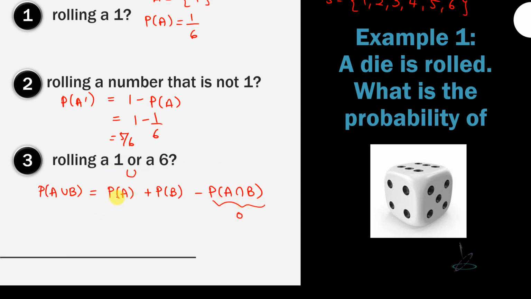Therefore, this is probability of A plus probability of B, so 1 over 6 plus 1 over 6. So this is 2 over 6, or you can simplify it to become 1 over 3.